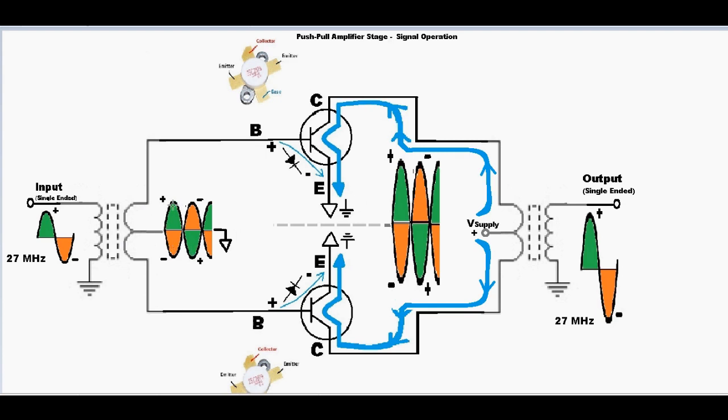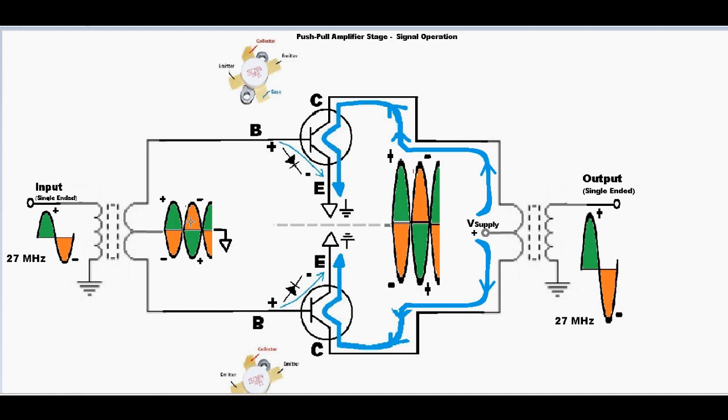We see alternating positive cycles on each side of the center tap. So the first half cycle, shown in green here, will turn on the upper transistor. Because of the base to emitter, we have the diode. It's going positive. It starts to conduct and therefore creates a path for the supply voltage, which is at the high potential, to flow around and through to ground through the upper transistor, creating a positive going large amplified pulse here.